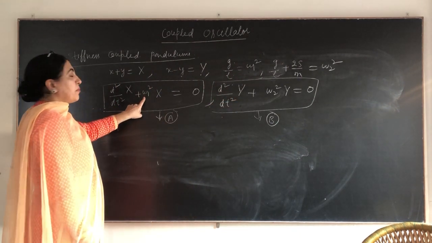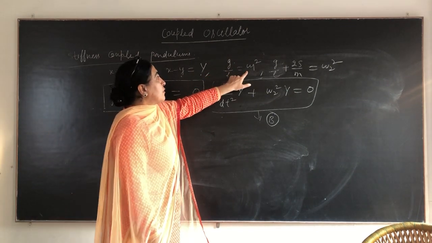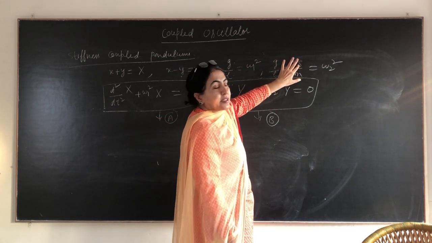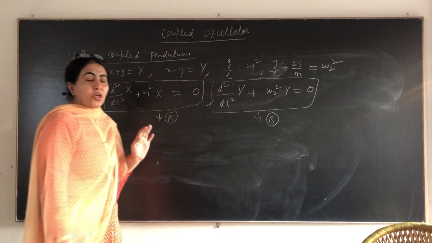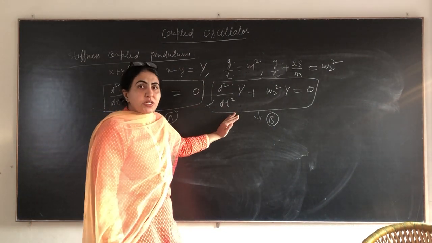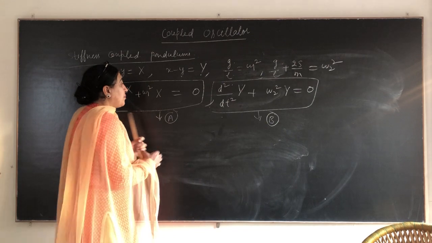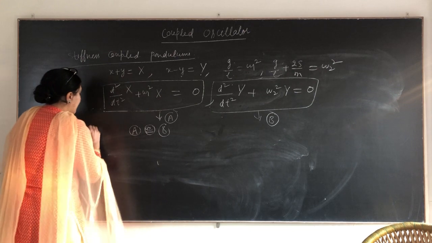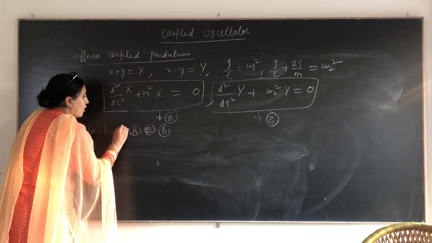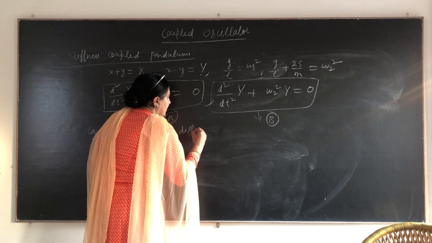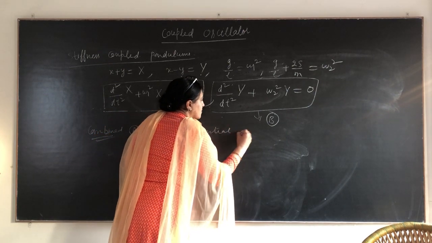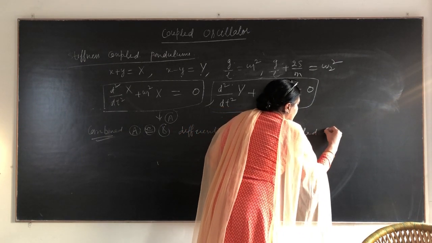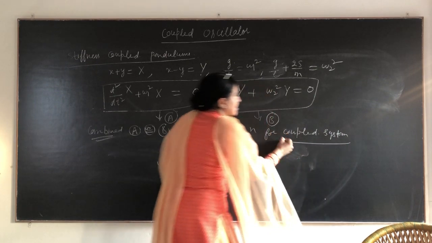Where what is omega 1? Omega 1 is the angular frequency, and this is equal to g by L, and this is another term, the stiffness term, plus 2s by L. So they are independent equations of simple harmonic motion, but when A and B are combined, they are the differential equations for a coupled system, and the coupled system here is the two pendulums coupled with the spring.